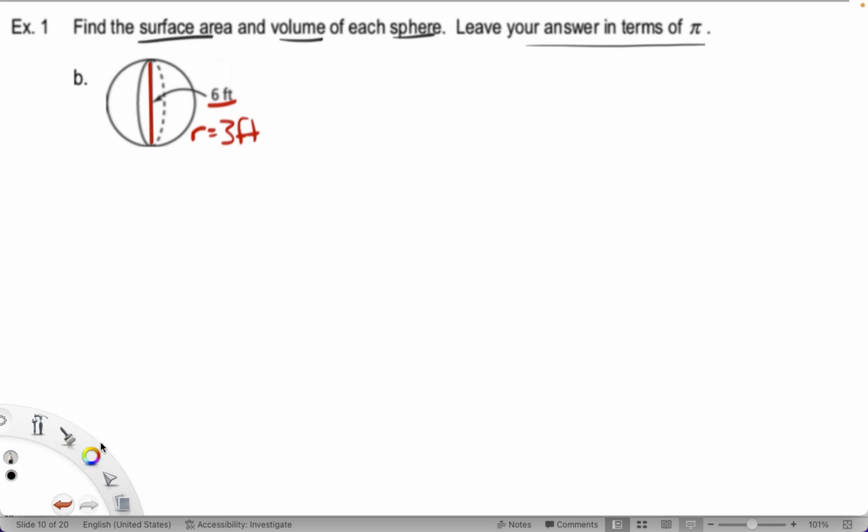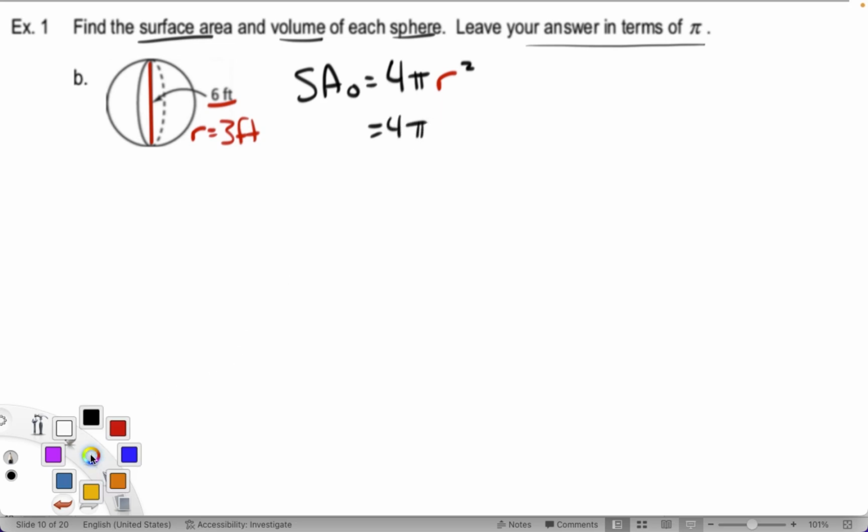So now using that radius, we can find the surface area of our sphere, because the surface area is equal to 4 pi r squared. So in this case, that's going to be 4 pi 3 feet squared.